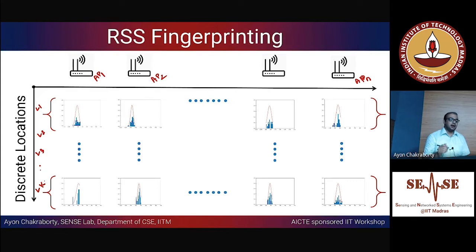For every such location you are going to receive a feature vector of size n. This is your feature vector: rss1, rss2, rss3, and so on up to rssn.